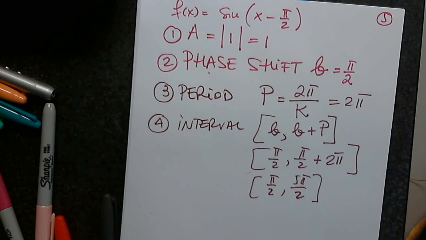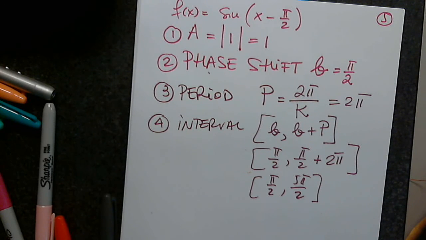I would like to use a scale of pi over 2. How high does this graph go? 1. Yes, I'm going to put -2 to +2 with a scale of 1, only because I want to see a little bit blank under the graph. And now I'm ready to hit graph.